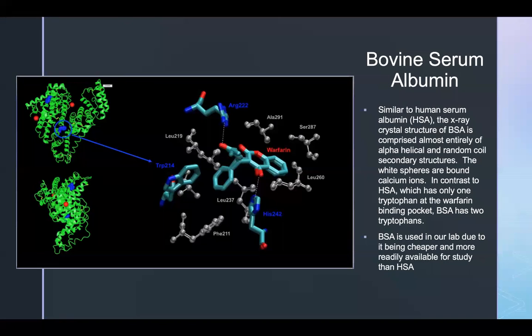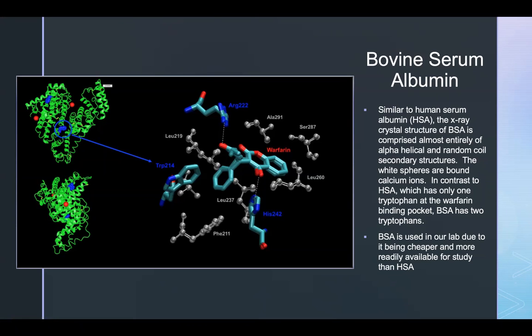Bovine serum albumin has two different tryptophans, while human serum albumin has one, but this doesn't affect our spectroscopic data too much, as the tryptophan on the outside of the BSA structure doesn't play a large role, while the tryptophan within the warfarin binding pocket is important for characterizing unfolding behaviors under thermal denaturation conditions.